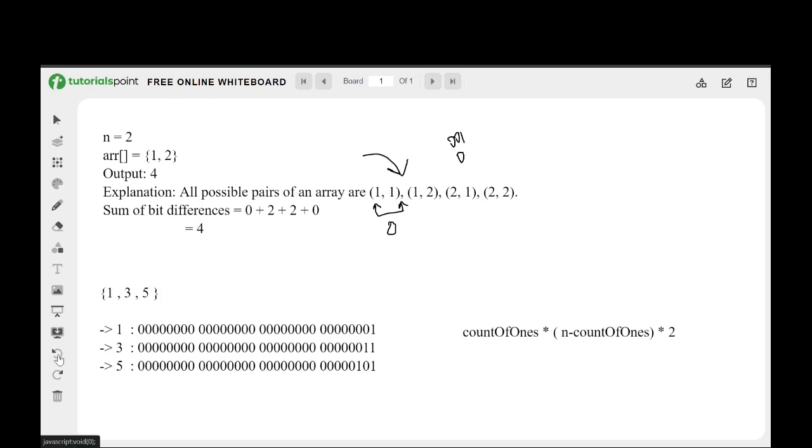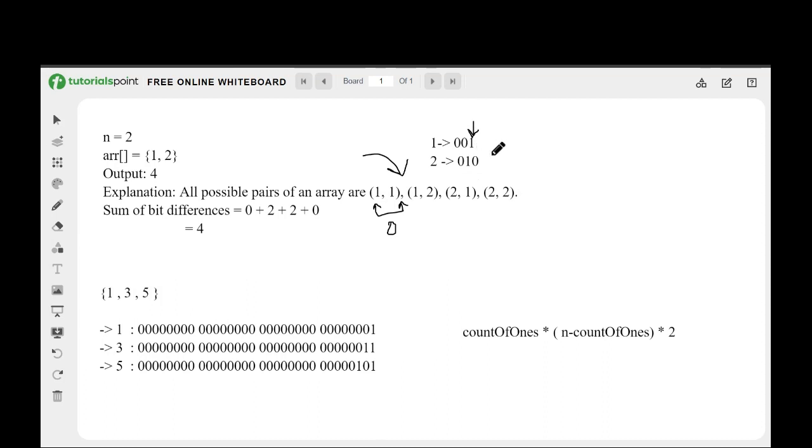Now next we have 1 comma 2 as input. So 1 can be represented as 0 0 1, and 2 can be represented as 0 1 0. In this case how many bits are different? Let us see the 0th bit.